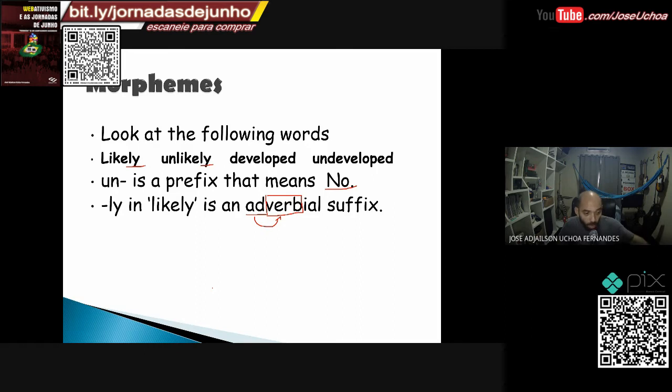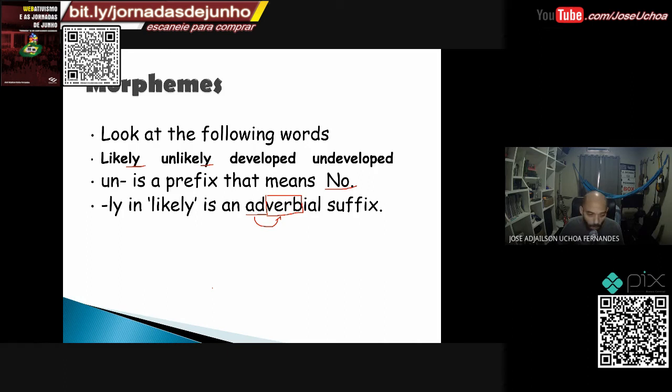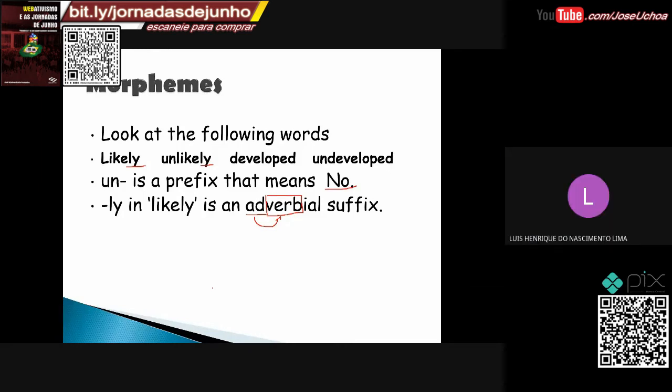Other adverbs ending in ly. Honestly. Can you come up with a sentence with this honestly? Any silly sentence you would like to form. He has worked honestly his whole life.